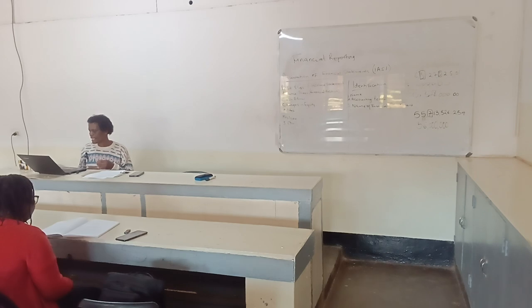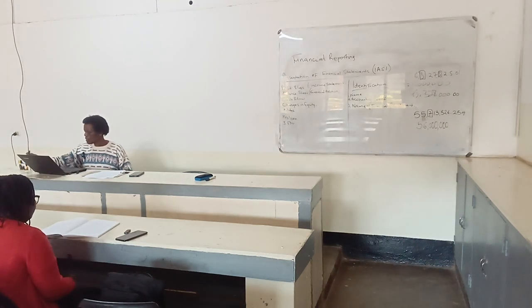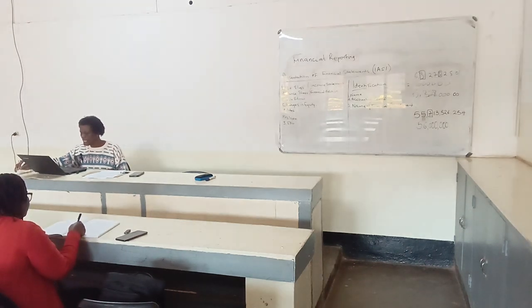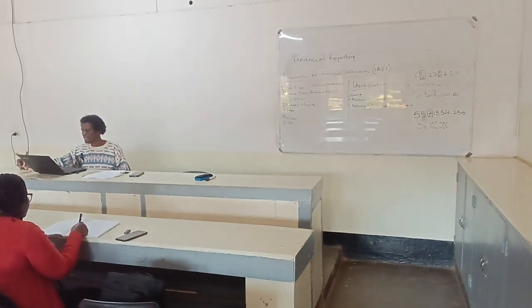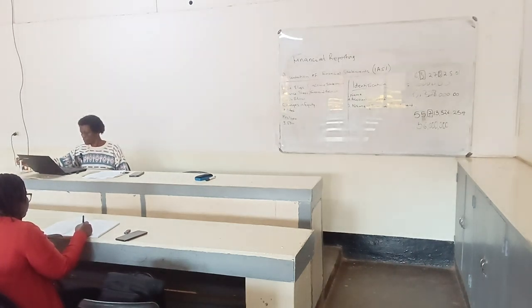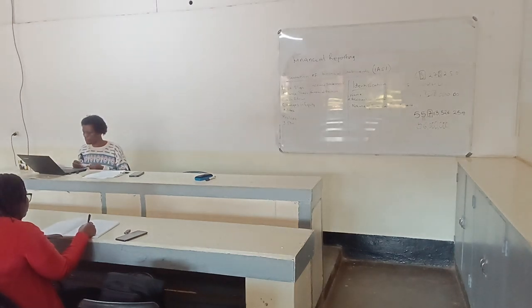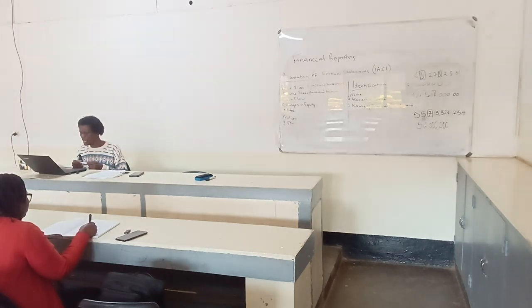So they are telling us that it is normal for entities to present financial statements annually, basing on International Accounting Standard number 1. So this is very important to us, that we have to indicate the period for which we are presenting the financial statements.